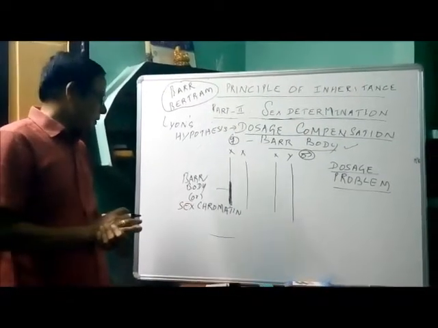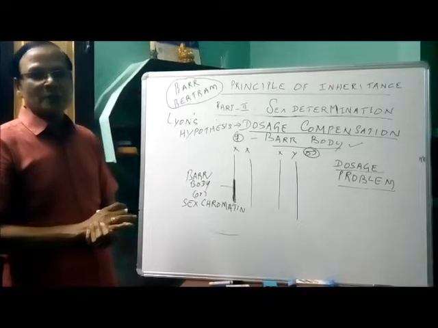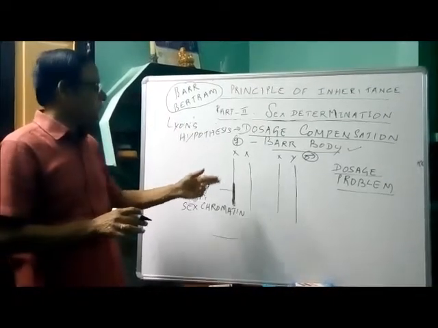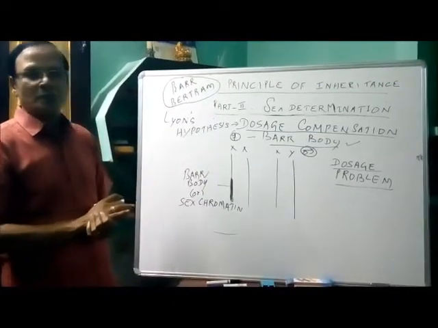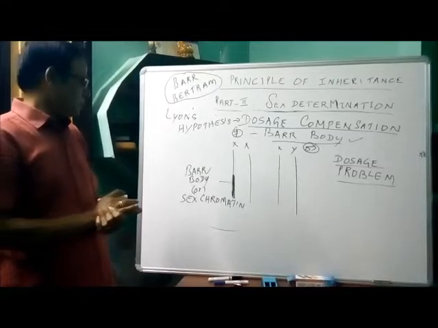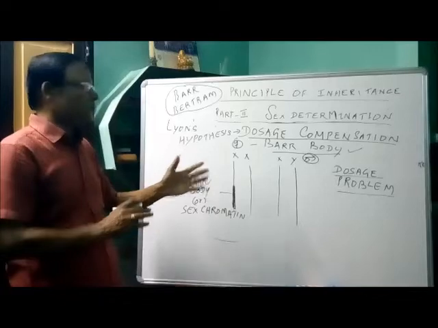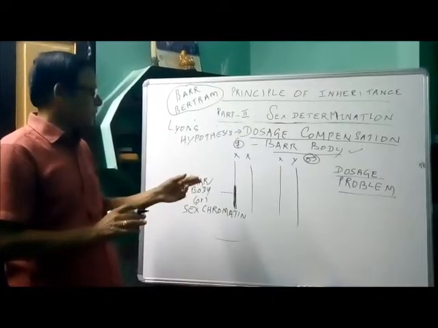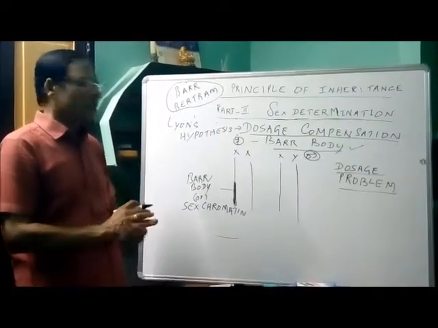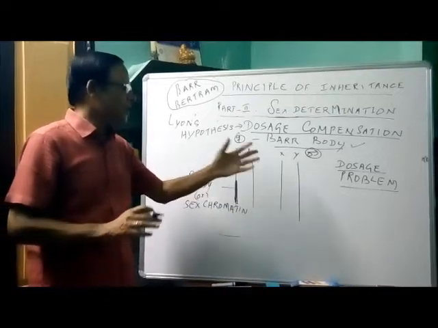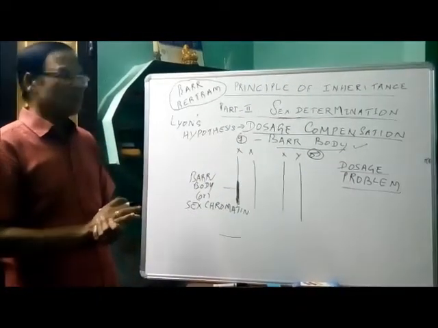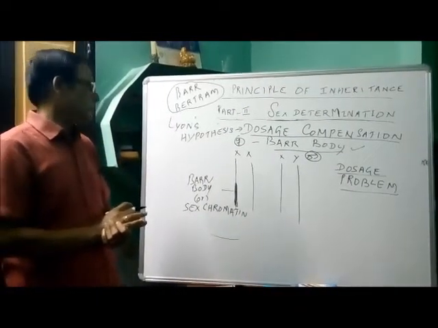The Barr body is a sex chromatin or heterochromatin present in one of the X chromosomes of the female, not in the male. The presence of sex chromatin inactivates that X chromosome. So now the female has only one active X chromosome, similar to the one active X chromosome of the male. This is called dosage compensation.